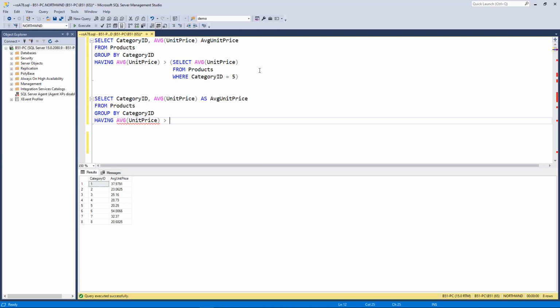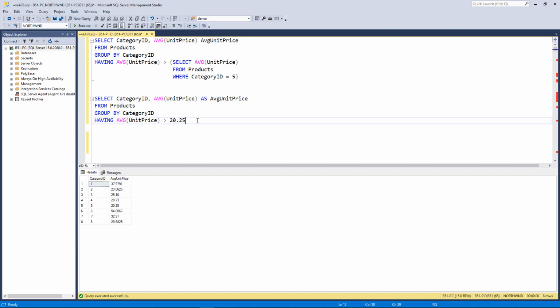We want it to be higher than the average unit price of category 5, so higher than 20.25. But we can't write this. We need to write a subquery because the value can change. Next time we may want category ID 6, 7, and so on. So instead of checking them and writing a value that can change over time, we just write the category.